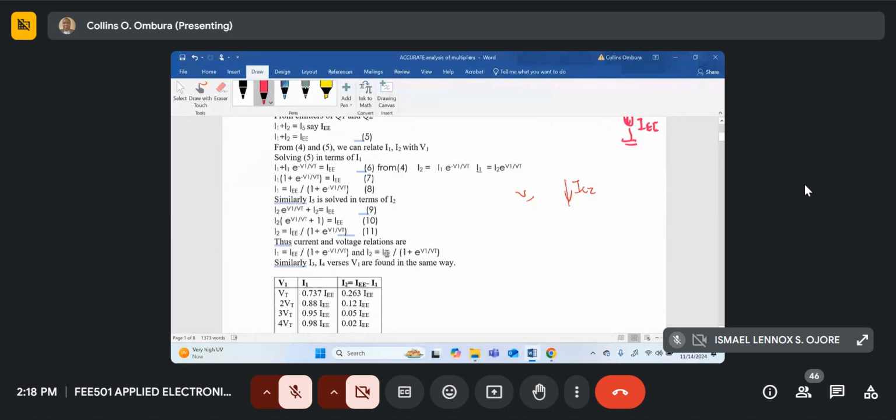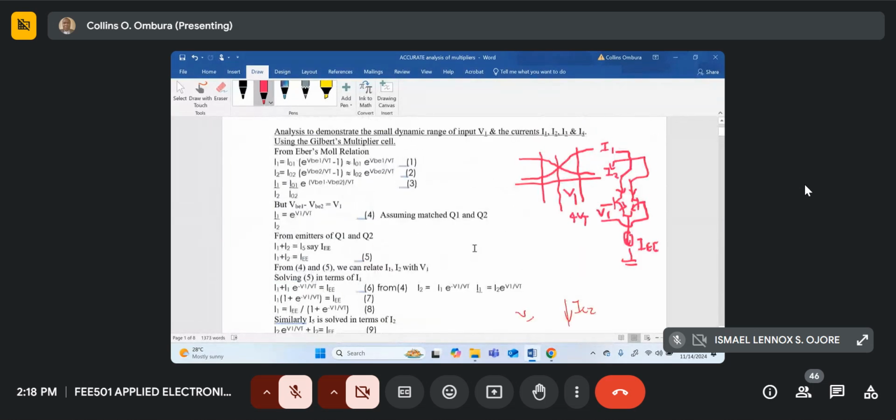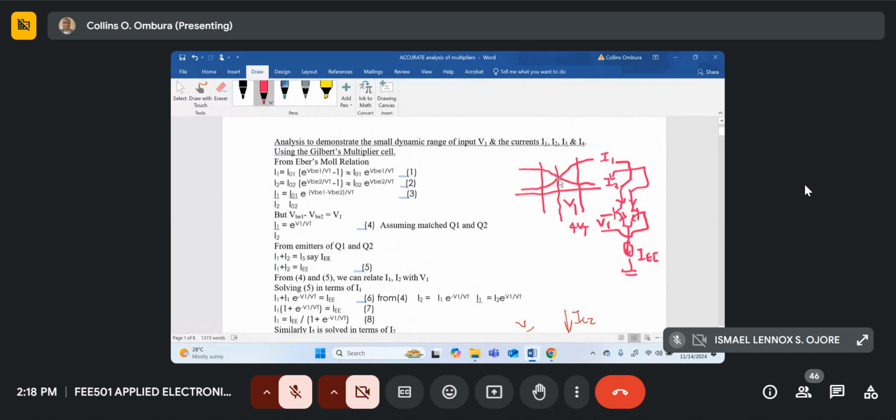And I2 will be IEE divided by 1 plus e to the positive V1 by VT, but positive V1 is 0, so it will be half. So that's how you get the midpoint over here. So this is the current relationship between the voltage input to current relationship of the collectors of the two transistors.